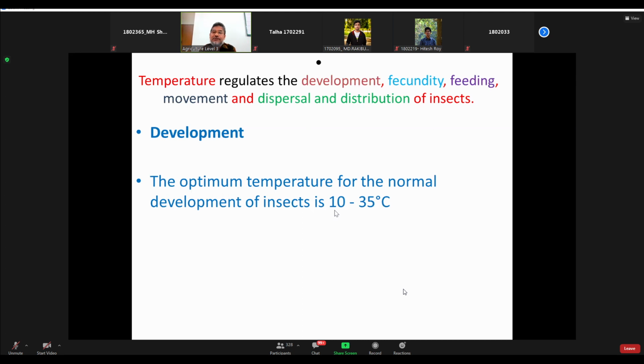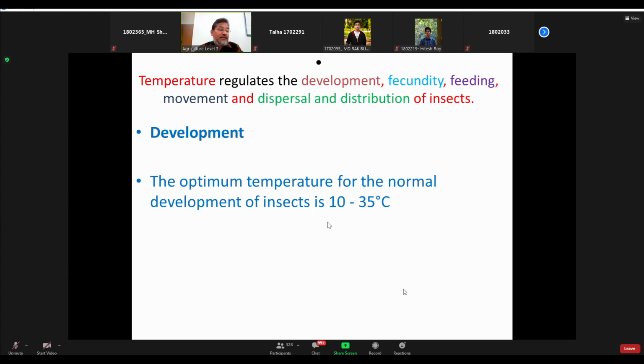But if it goes beyond this, above 35 or below 10 degrees centigrade, the development will be seriously affected. So this is called the optimum temperature for normal development of insects, or we can say the zone of optimum or normal development.